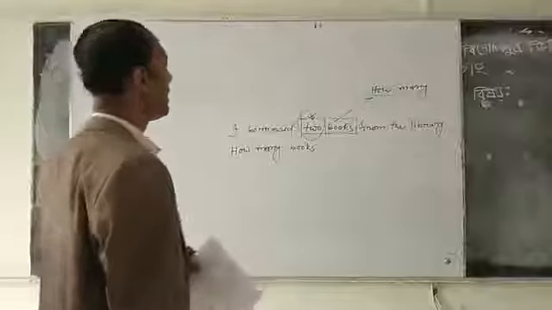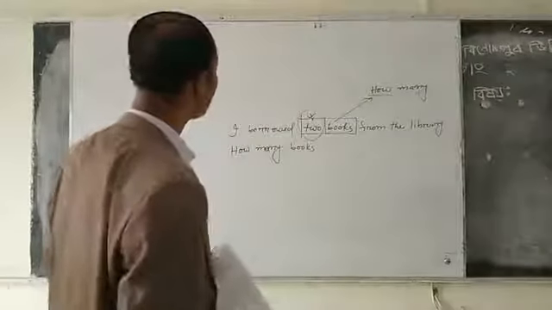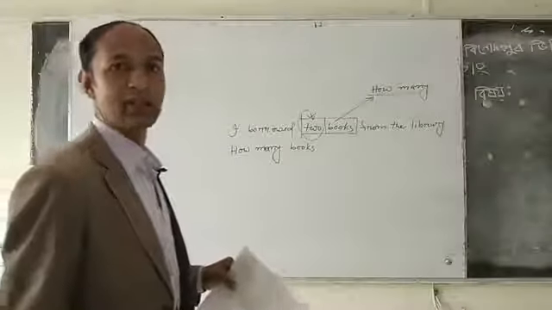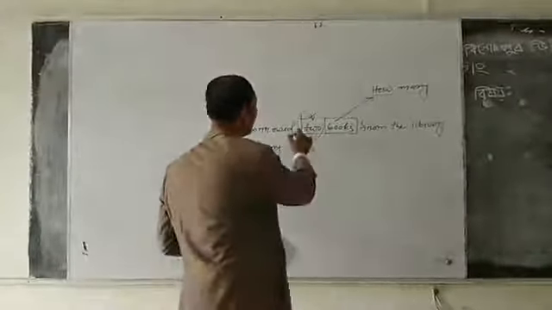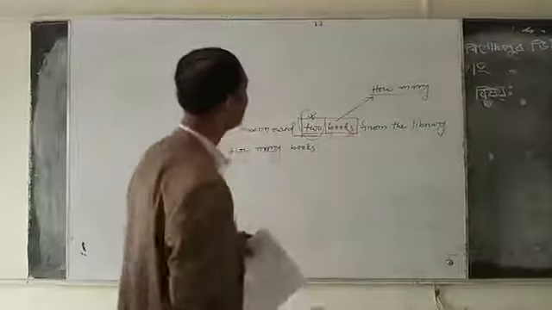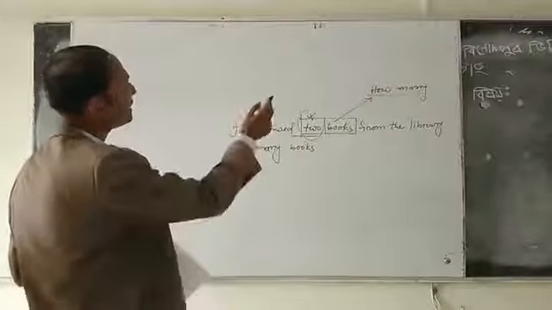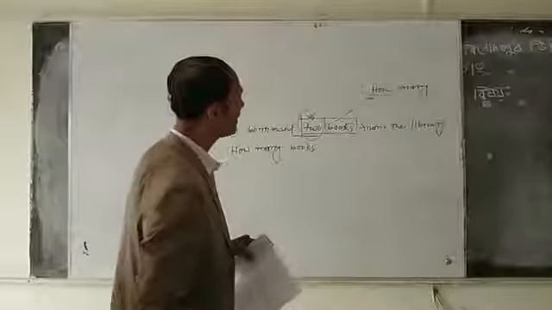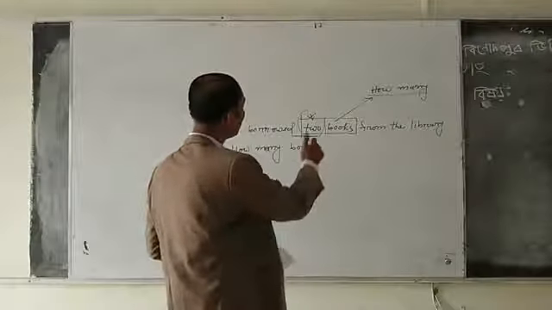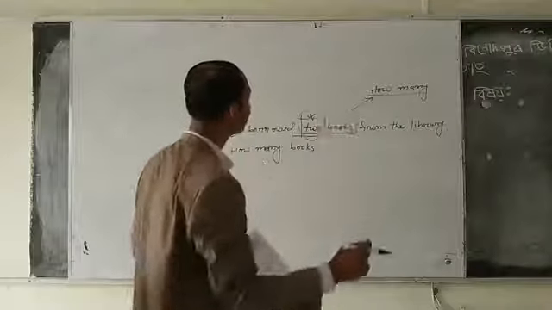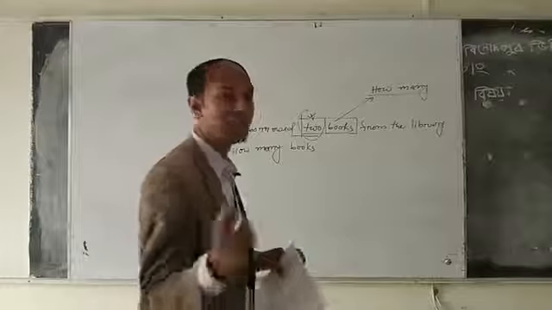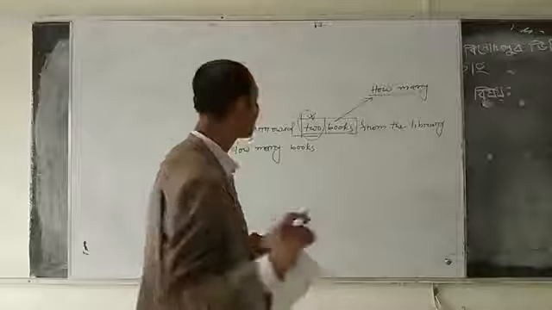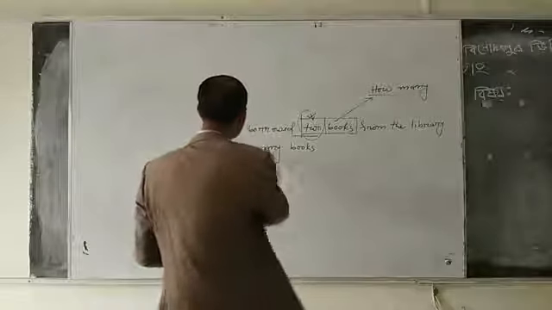Okay, as we get number, we will use how many books. Then we will use the structure related to inversion. Okay, that means the structure is same for all WH words. How many books?